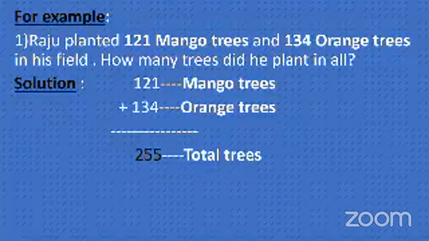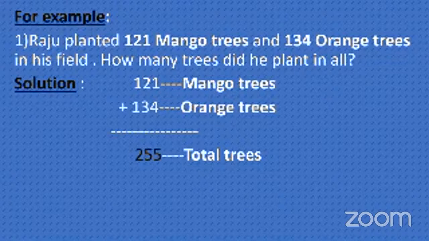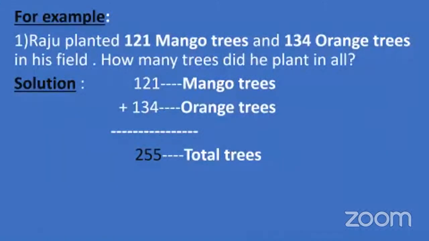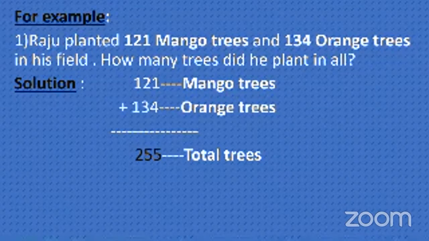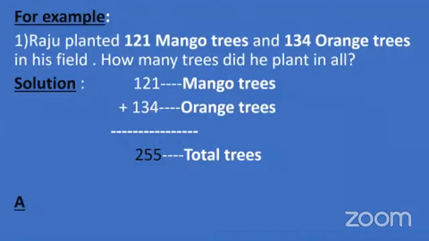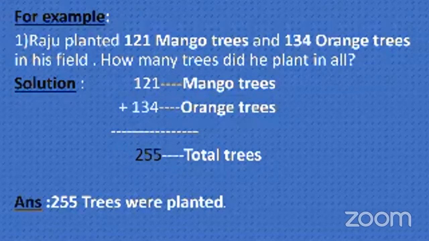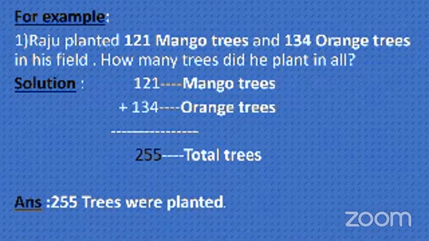So how many total trees are there? 255. Very nice, beta. 255 trees were planted.